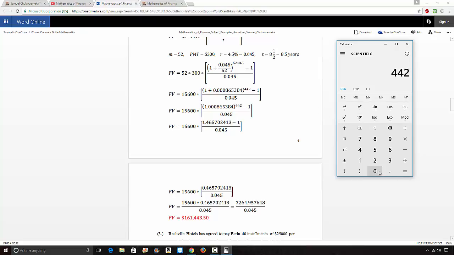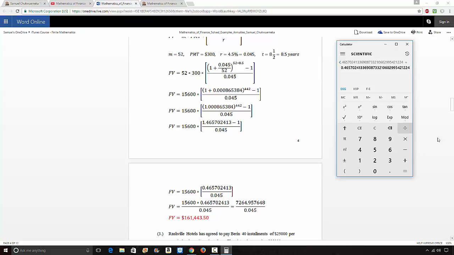Then I do 0.045 divided by 52 equal to, then plus 1 equal to this, then exponent, recall memory equal to, then minus 1 equal to, then if you want to also do this division in this bracket, that's fine.